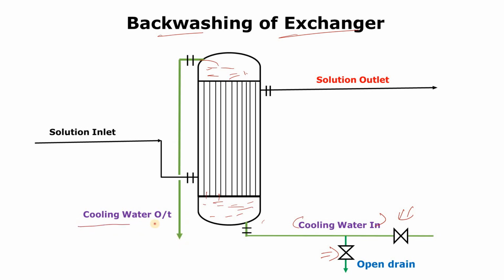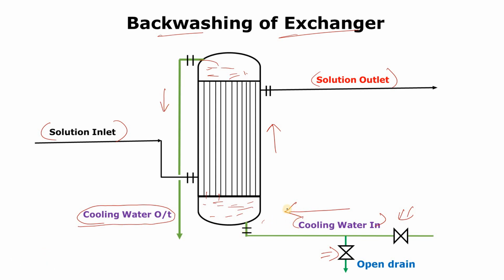So this is the cooling water outlet and this is the inlet, and this one is my solution inlet and the solution outlet. It means the solution is going into the shell side and water is going into the tube side. Got my point? Now, the normal flow is like that. Your cooling water is going from here like that and then like that. This is the normal flow.